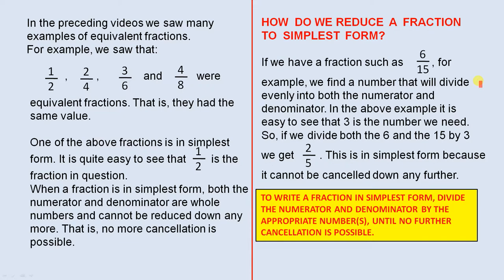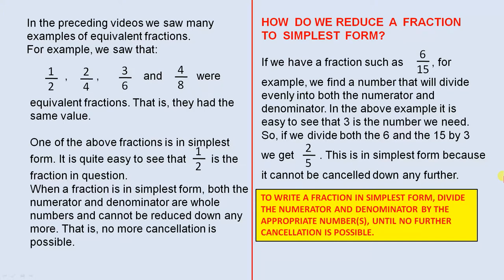So, if we divide both the 6 and the 15 by 3, we get 2 over 5. That is, 6 divided by 3 is 2, 15 divided by 3 is 5. This is in simplest form because it cannot be cancelled down any further.